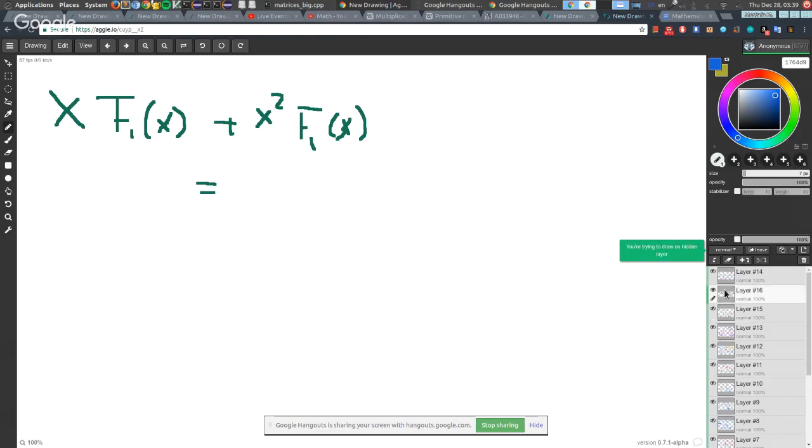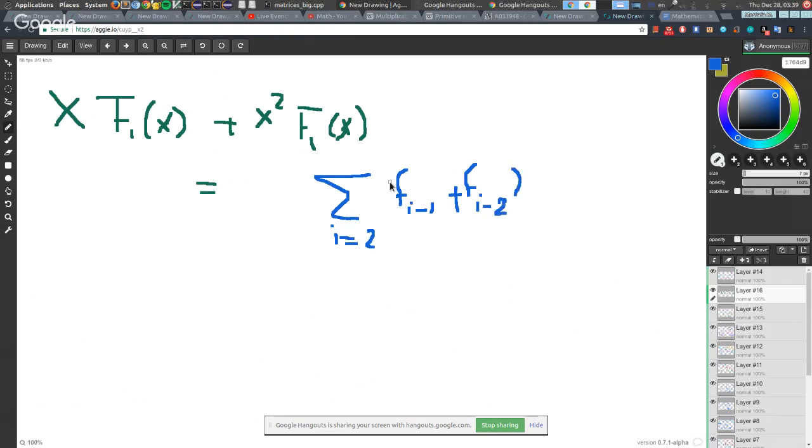Here you can see that we have the summation from i equal to 2 of Fibonacci i minus 2 and i minus 1, times x^i. Basically, this is what we have here. It comes from here.